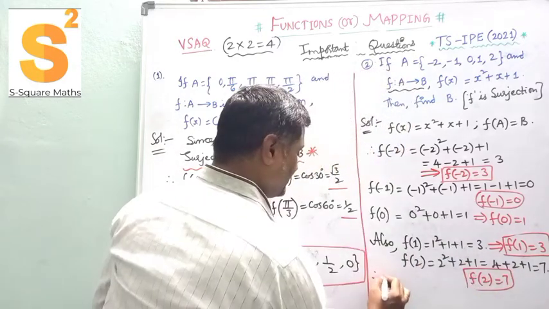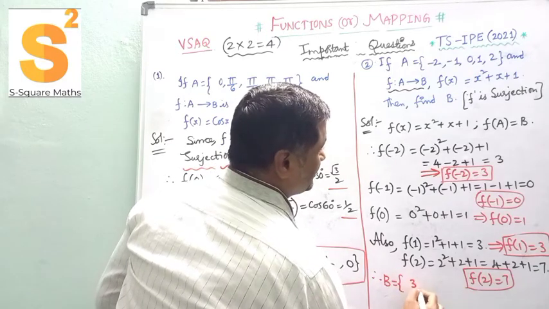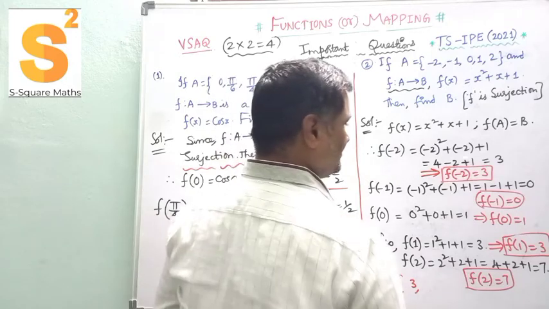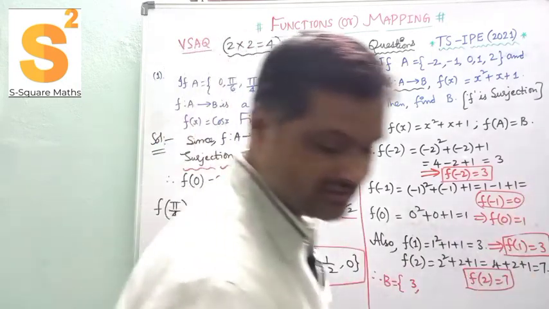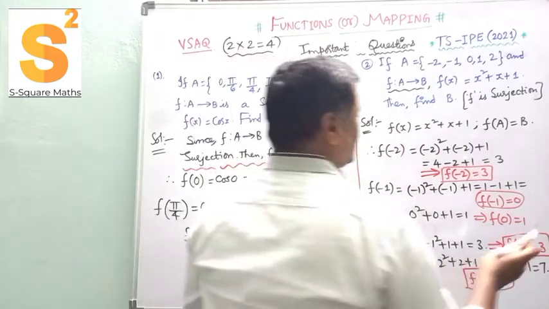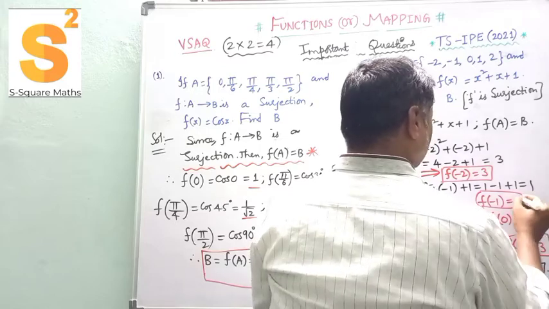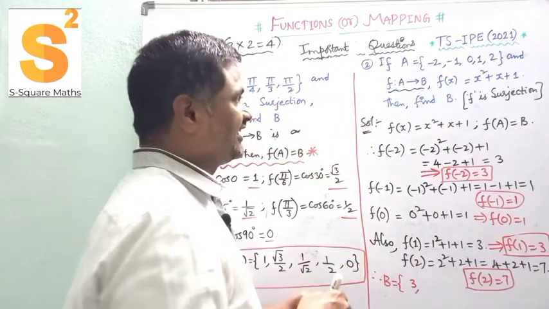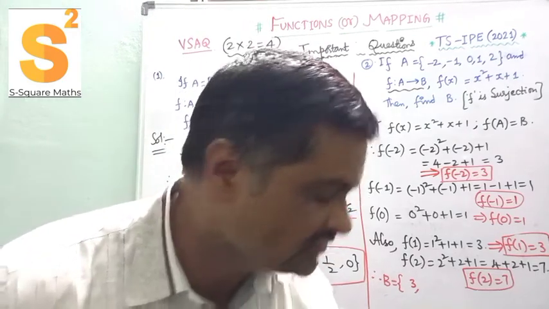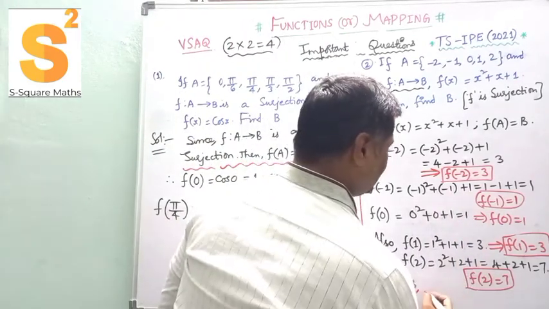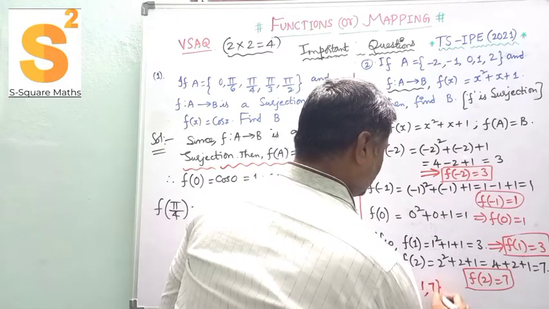So finally my B is 3, then 1 minus 1 is 0, 0 plus 1 is 1, a small calculation, which is 1. Here the final values I am going to list out: 3, next 1, next 7.